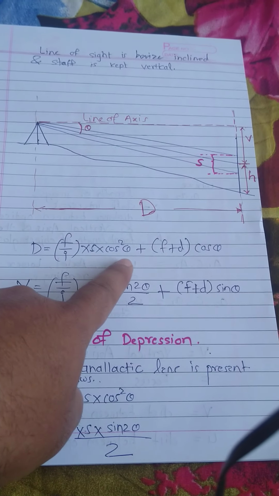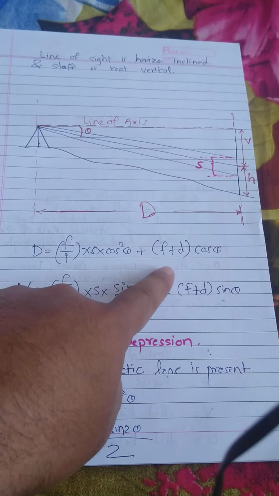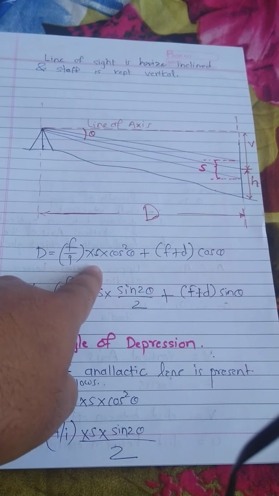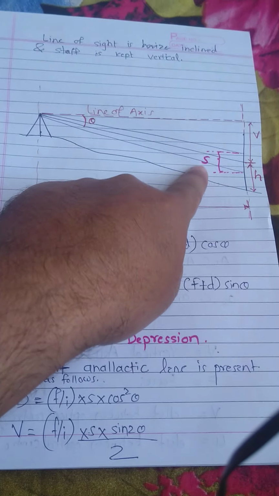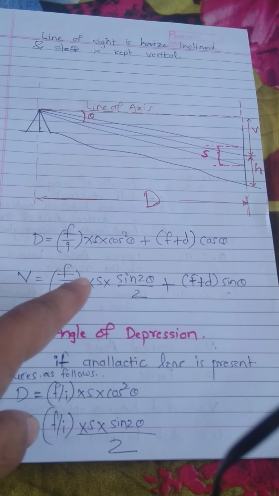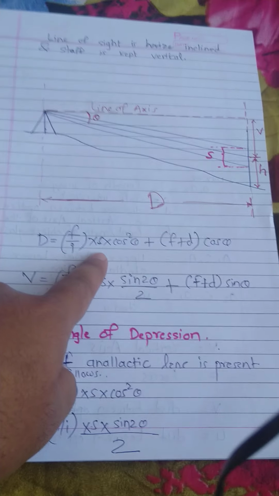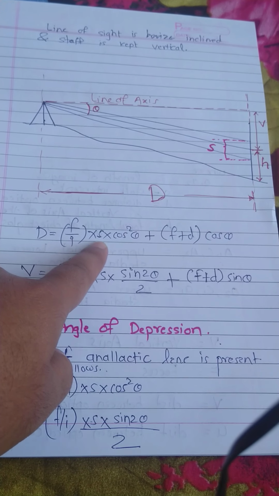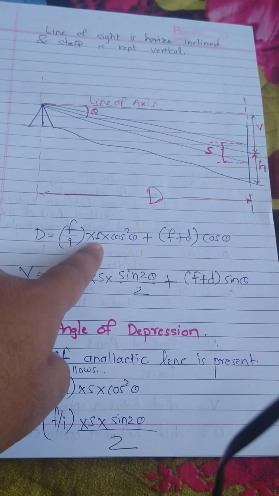We will get theta, and f upon i and f plus d will be given by the manufacturer. S, the staff intercept, we have to record during the field observation. Upper hair minus lower hair reading gives us the value of s.